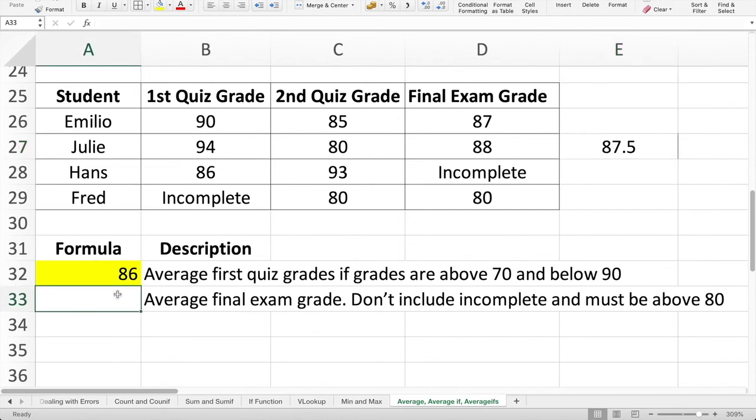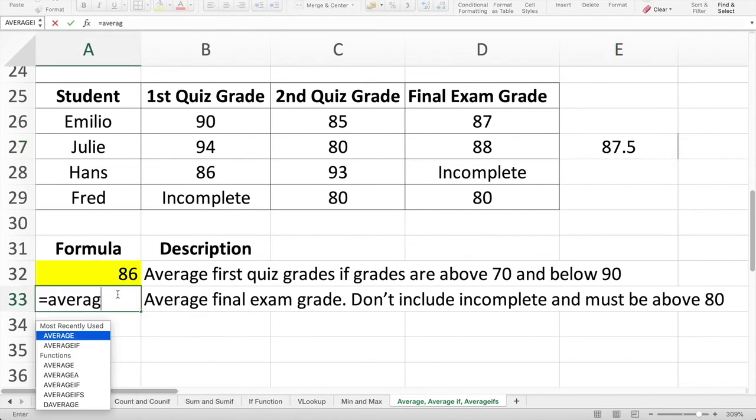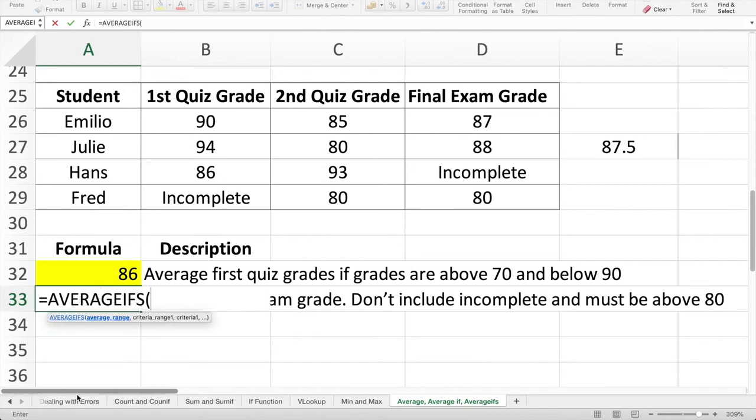Okay, so let's have AVERAGEIFS here with an S. Let's choose this. Then highlight our average range. Let's highlight this up to this. Again, the incomplete cell is also included since it is part of our data set.